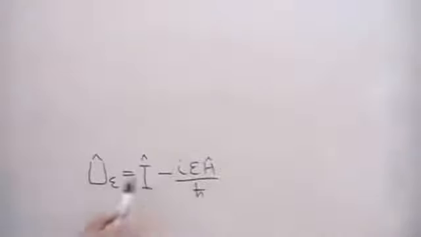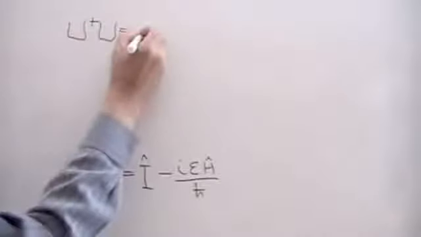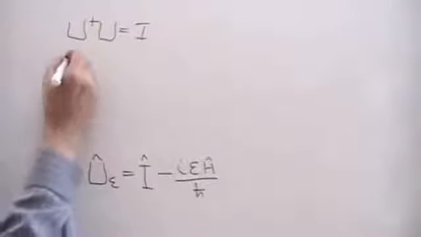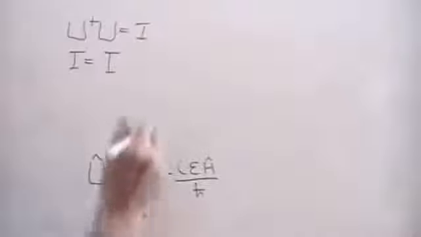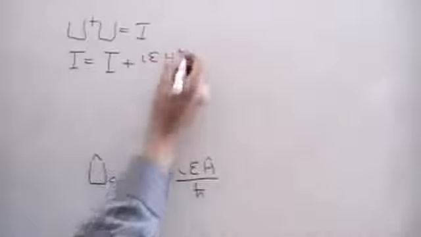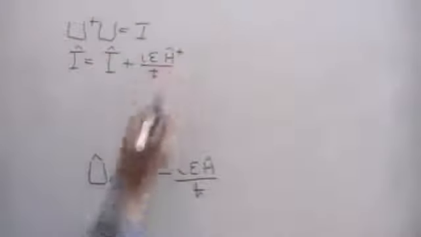So I've left the formula for u on the board because I now want to ask what u dagger u is. Well, we know it's the identity operator I. So that means that I is equal to u dagger u. Well, what's u dagger here? That's going to be I, because the Hermitian conjugate of I is I, there is no change, plus i epsilon h dagger, because you need to dagger this, these are all operators, divided by h bar.